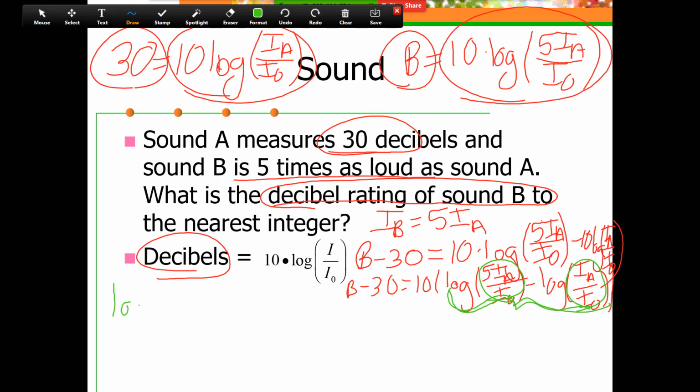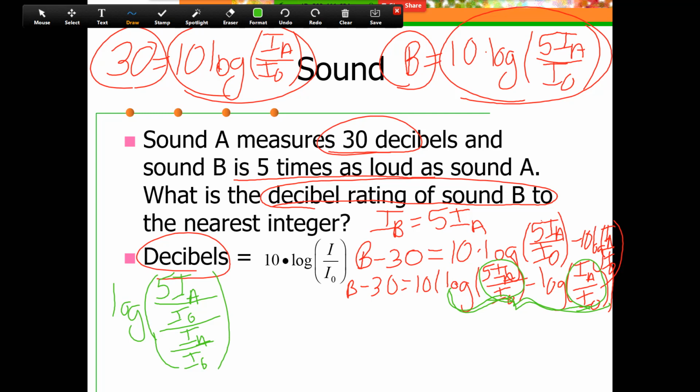So we're going to have a single log. And in that log, it's going to look kind of big at first. It's going to be 5 intensity of A divided by your standard intensity divided by the other fraction, which is intensity A divided by the standard intensity. So all of that's in the log.